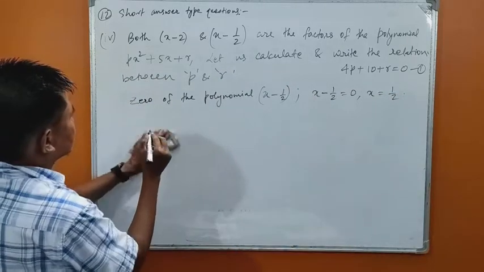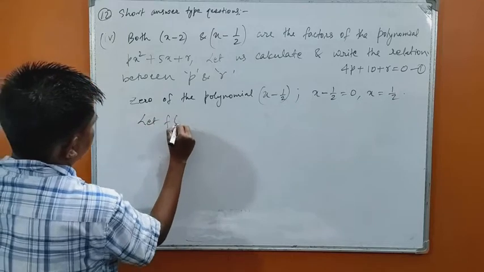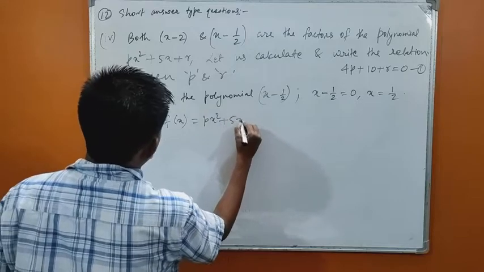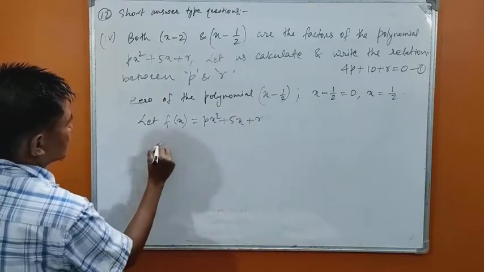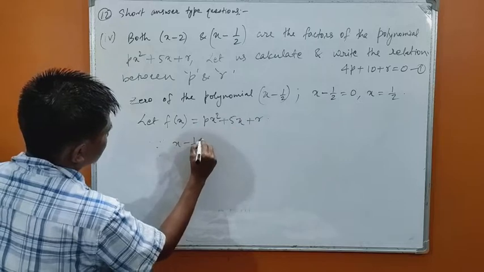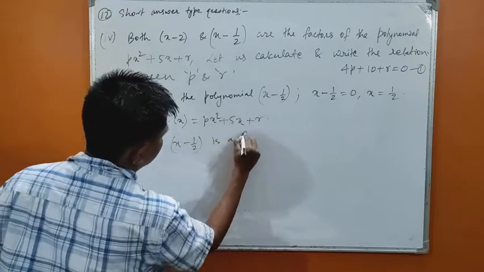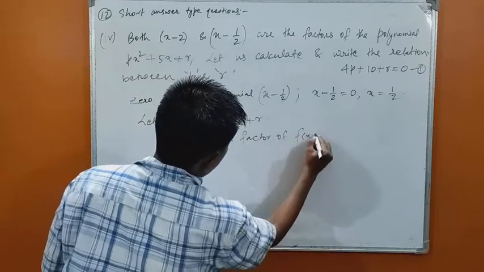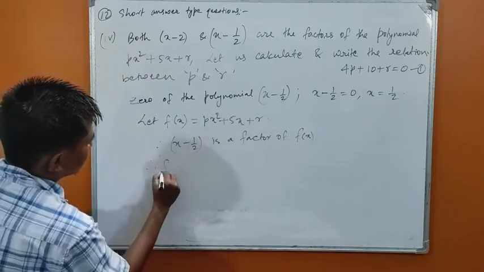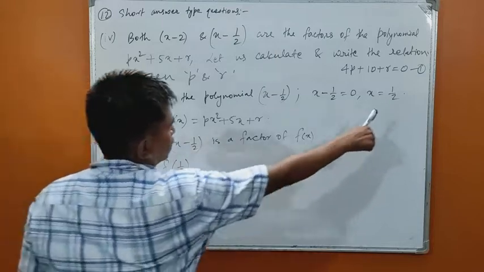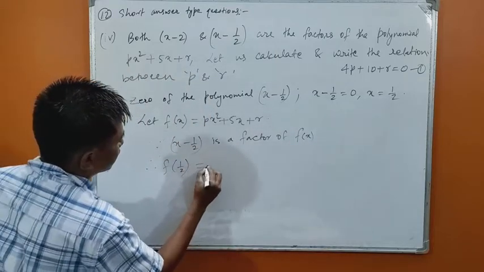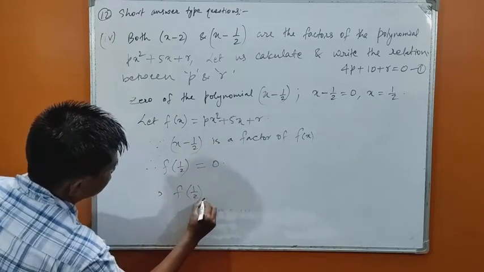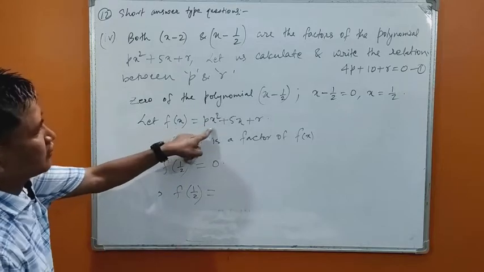Since let f(x) equal px squared plus 5x plus r, and since x minus 1/2 is a factor of f(x), therefore the remainder f(1/2) will be equal to 0. Instead of x we write 1/2.